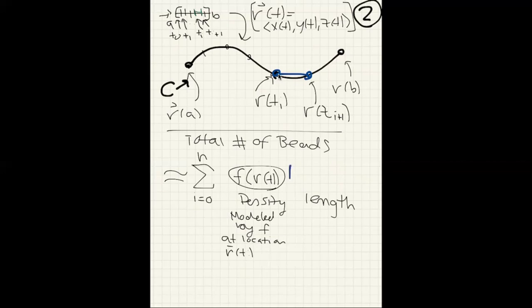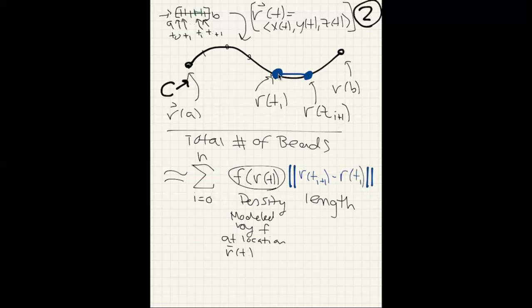So I'm going to write this as the length of a displacement vector where the initial point is r of ti and the terminal point is r of ti plus 1. In math terms, that's r of ti plus 1 minus r of ti.